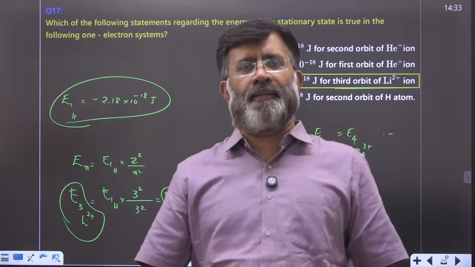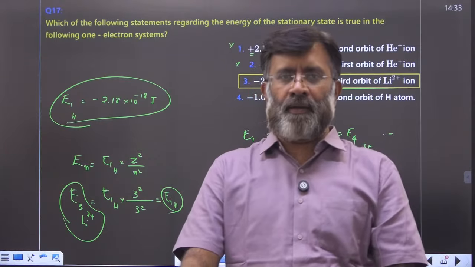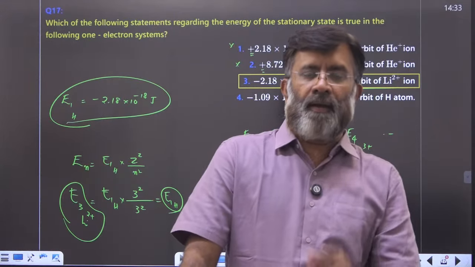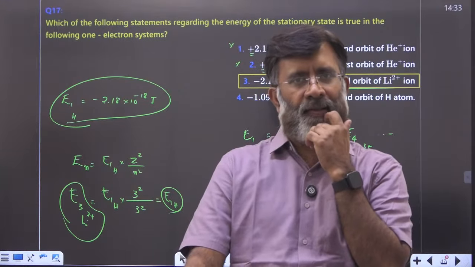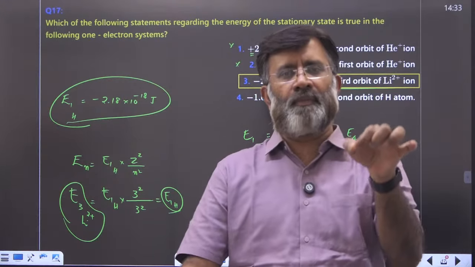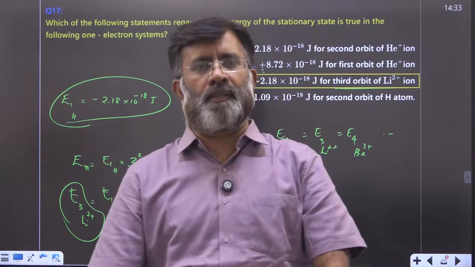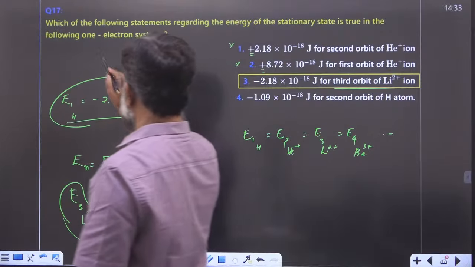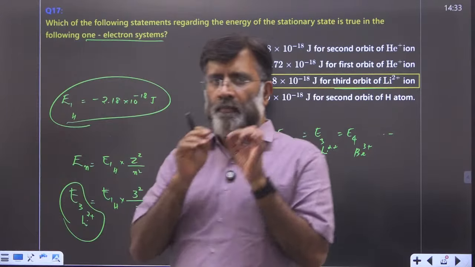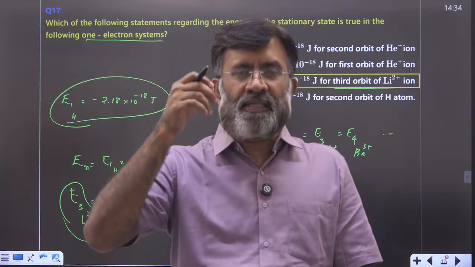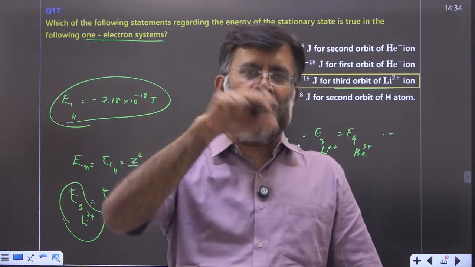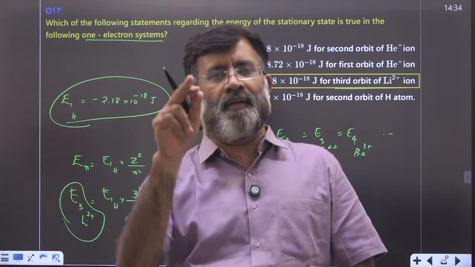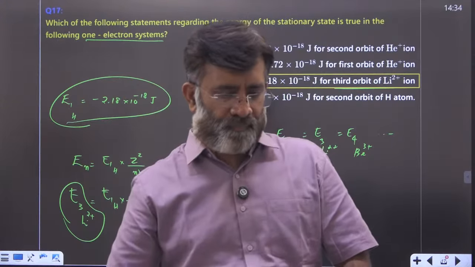The Z-th orbit energy of a Bohr atom and the first orbit energy of hydrogen will be equal. What is meant by Bohr atom? Uni electron system. It is clearly commented one electron system. For a Bohr atom, the orbit whose number equals the atomic number, that energy and the first orbit of hydrogen will be equal.